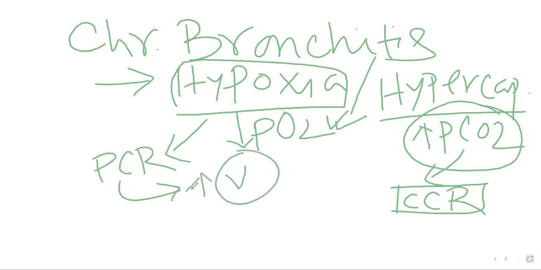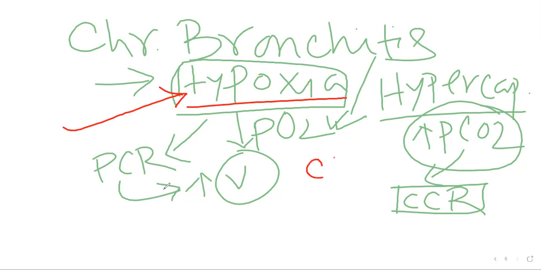Now, suppose a patient comes to you with an acute exacerbation of the COPD or an acute case of chronic bronchitis, and you give a large amount of moist oxygen to the patient, then immediately, if there is washout of the hypoxic condition, what will happen? The respiratory center will be depressed.